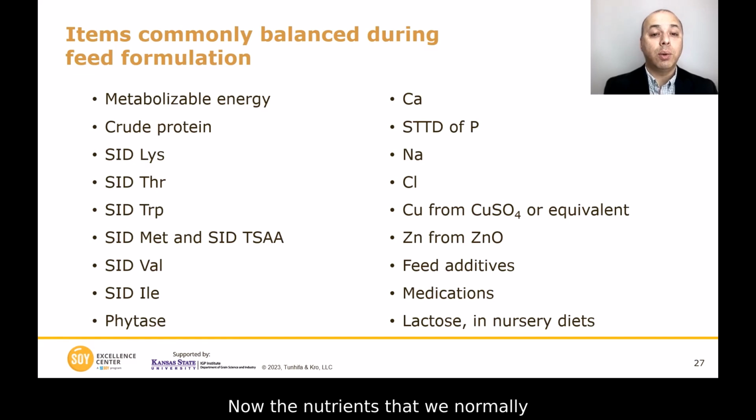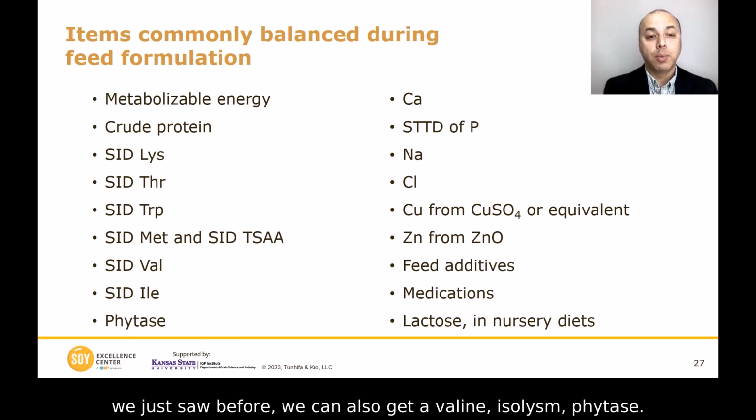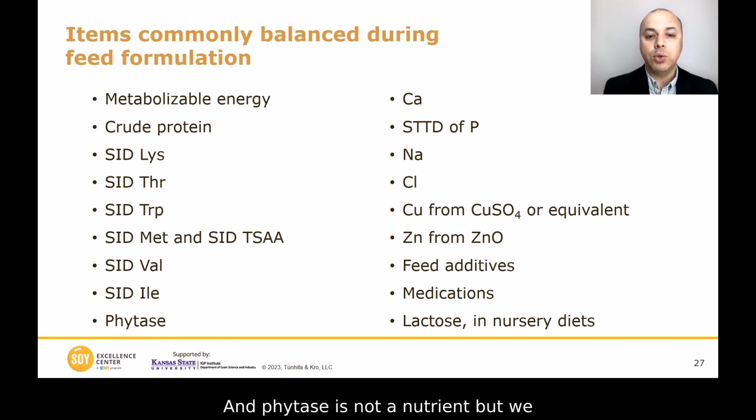In addition to the ones we just saw, we'll also balance for valine, isoleucine, and phytase. Phytase is not a nutrient, but we will input a level of phytase, and we can add phytase as a nutrient to be formulated if we want to.